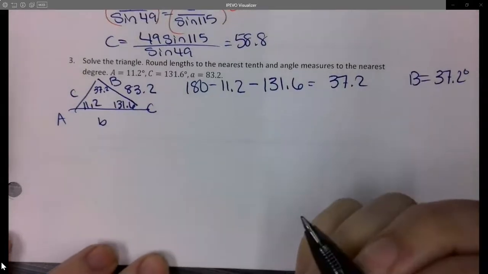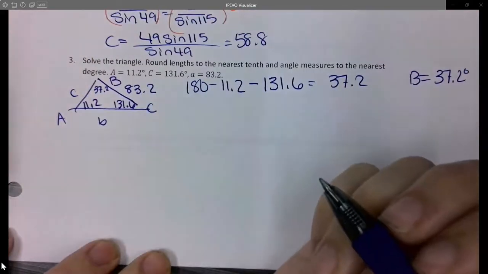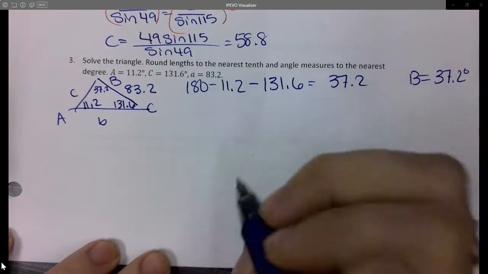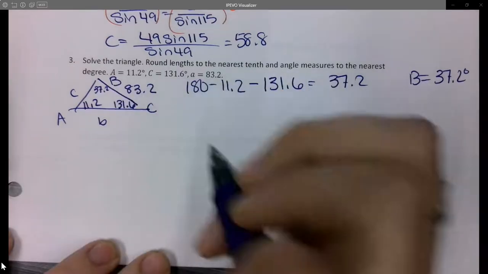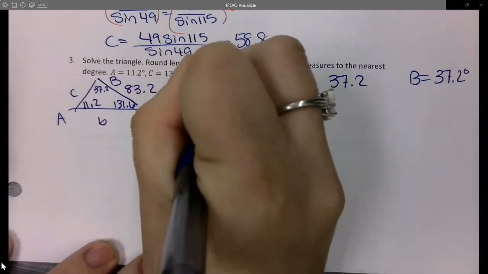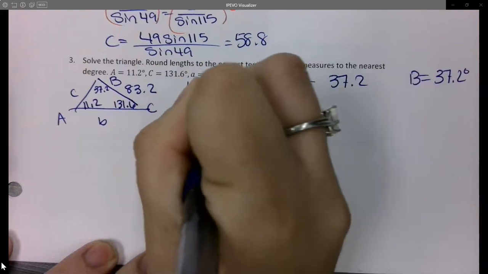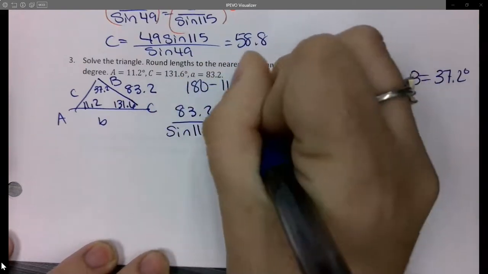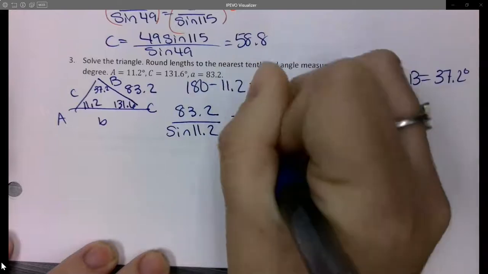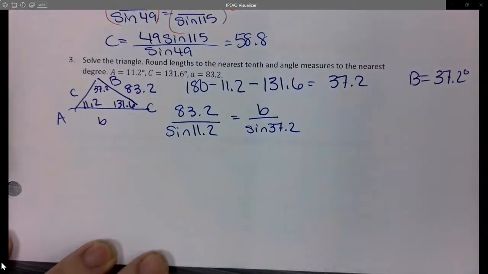So I am going to plug into the law of sines still, because I still have two angles and one side. I have 83.2 as my side length for A over sine of 11.2. This is going to equal B on the top and then sine of 37.2.